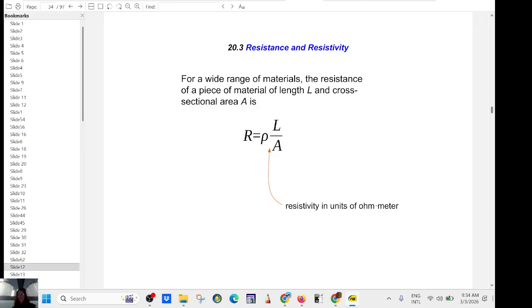Here, so the resistance of a connecting wire is proportional to the length. So if you increase the length, you're going to increase the resistance. It's inversely proportional to the area, because if you increase the cross section of a wire, that means you have less resistance.